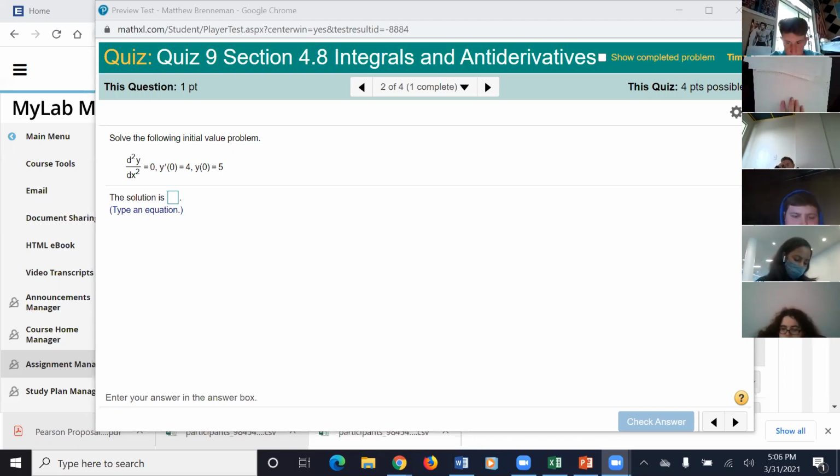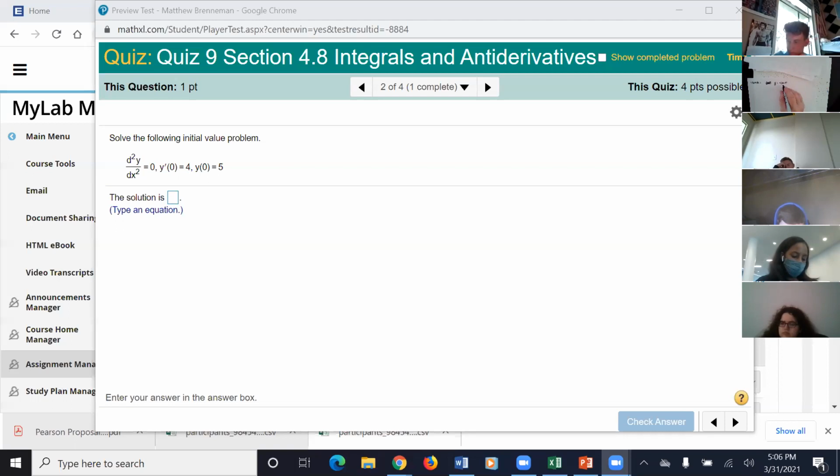Now, suppose we want to check our answer. So the check would be that we're claiming the function y equal 4x plus 5 is a solution to the IVP.